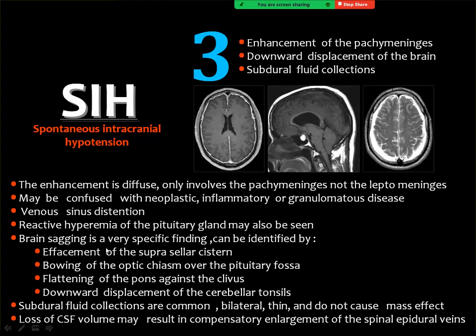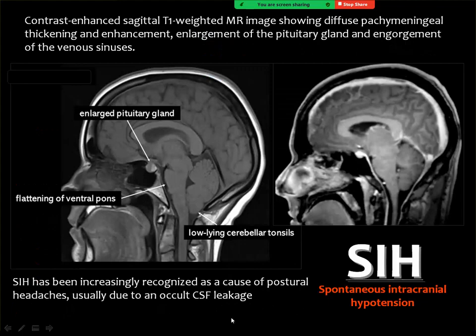The brain sagging is a specific finding and is identified by effacement of the suprasellar cistern. The suprasellar cistern is almost obliterated, with bowing of the optic chiasm over the pituitary fossa seen in the coronal images, and flattening of the pons. The pons is usually rounded from its anterior aspect, and it is now straight against the clivus, with downward displacement of the cerebellar tonsils through the foramen magnum.